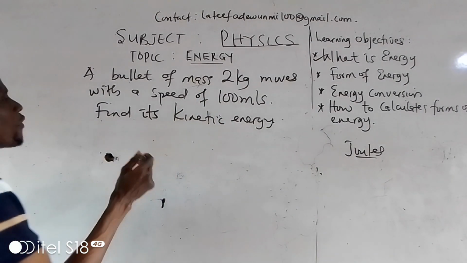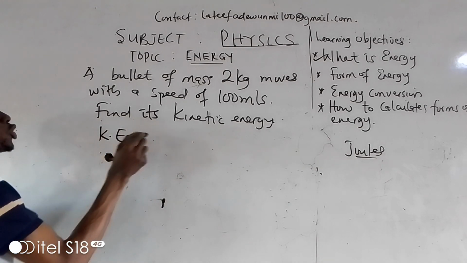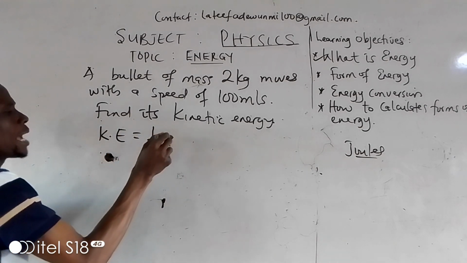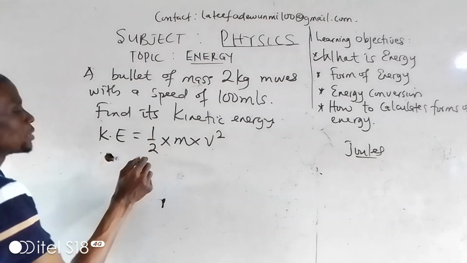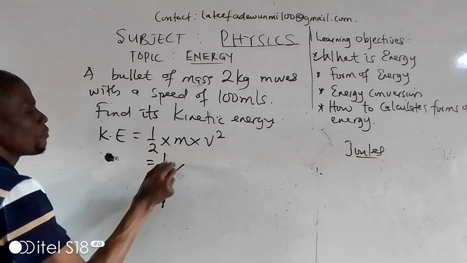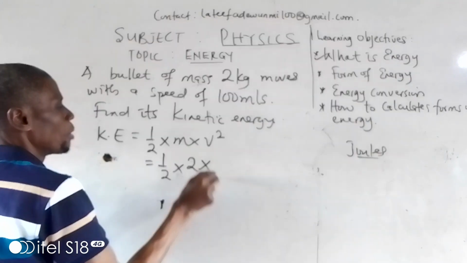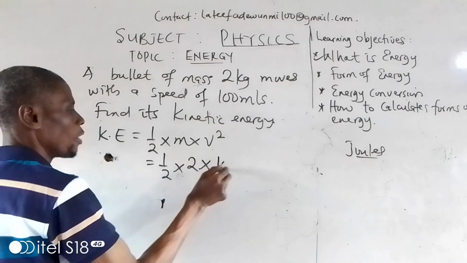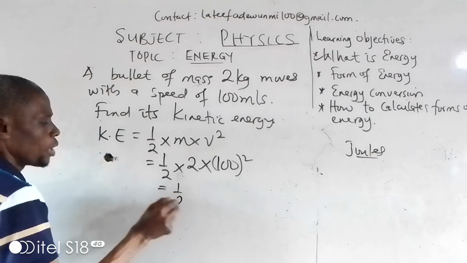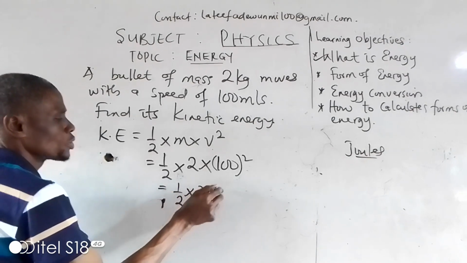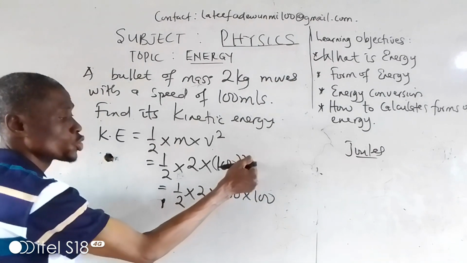So back to our formula, our kinetic energy as usual is half times mass times velocity squared. So half multiplied by our mass. Our mass in the equation is 2 kilograms, multiplied by the velocity 100 squared, giving us half times 2 times 100 times 100, because it is squared.